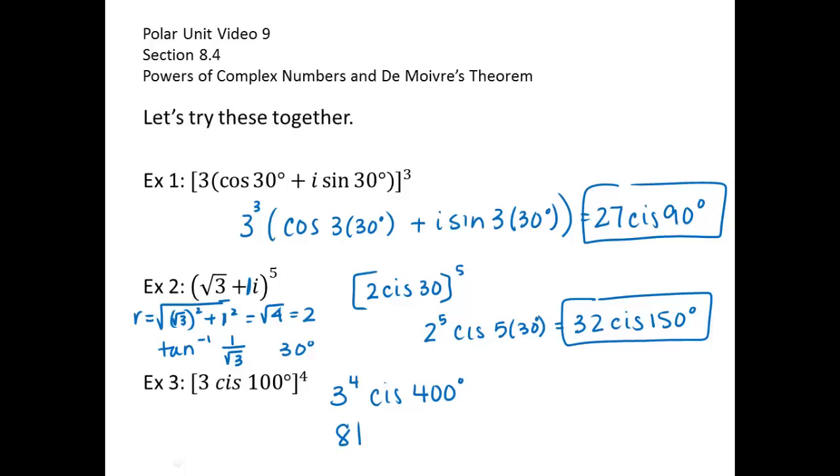And then I'm going to have to remember to subtract 360 degrees because I want to keep this within one rotation of the circle. And I'm looking for the coterminal angle, so it's going to be 40 degrees. So this is 81 cis 40 degrees.